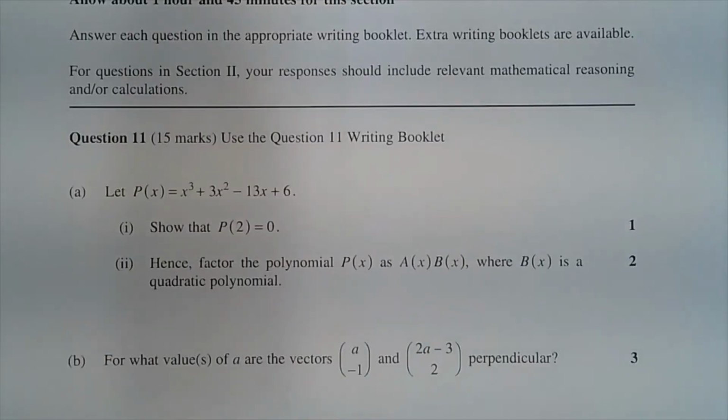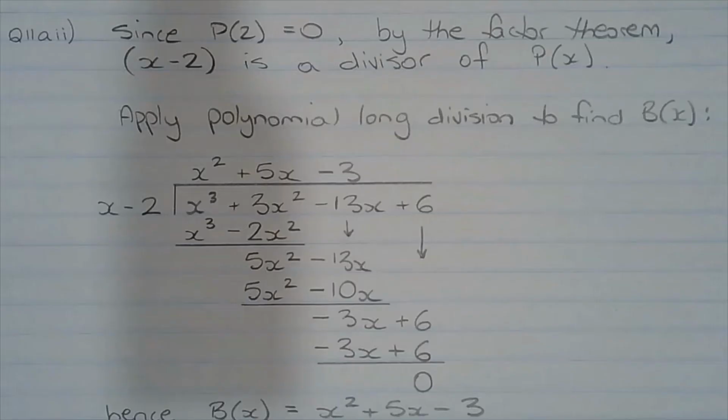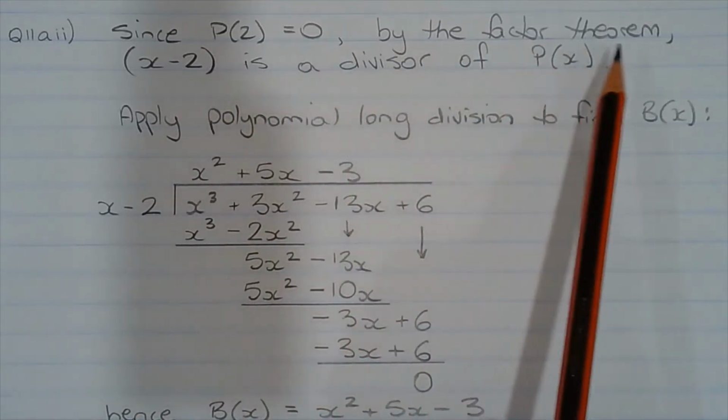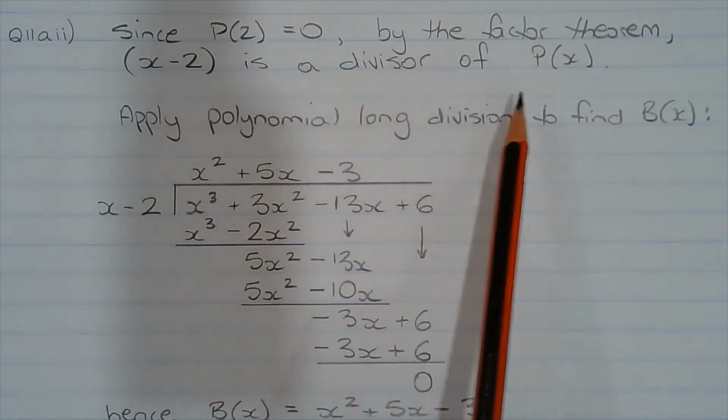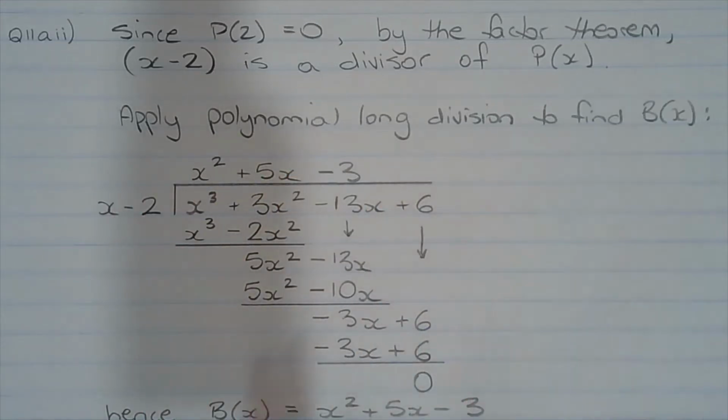Part 2. Hence, factor the polynomial p of x as a of x multiplied by b of x, where b of x is a quadratic polynomial. From part 1, since p of 2 equals 0, by the factor theorem, x minus 2 is a divisor of p of x. So apply polynomial long division to find b of x.